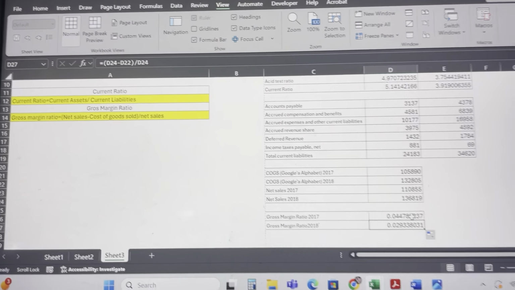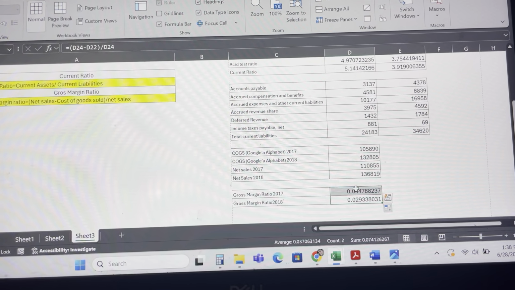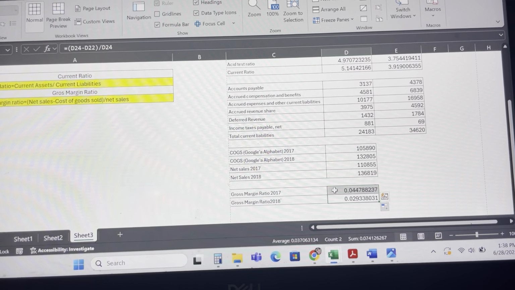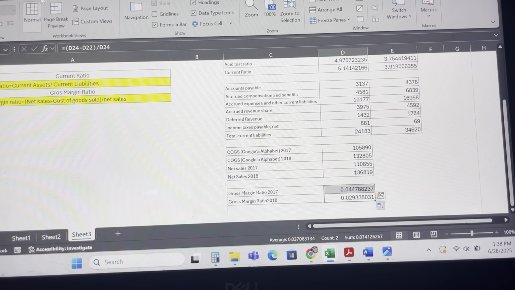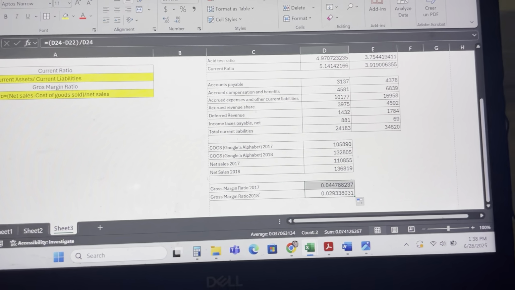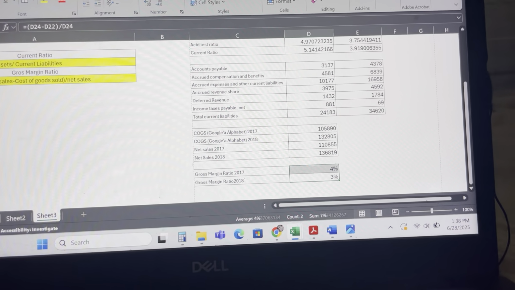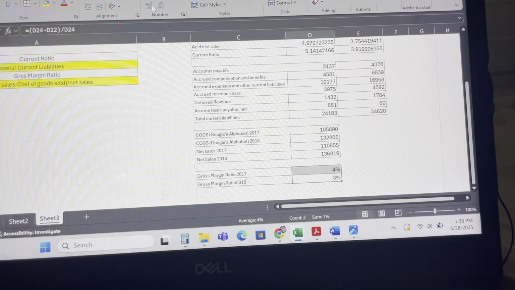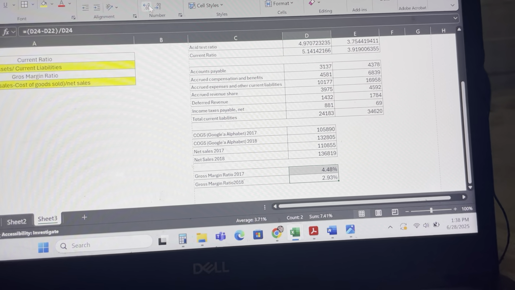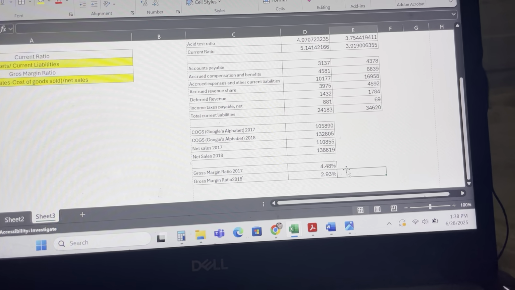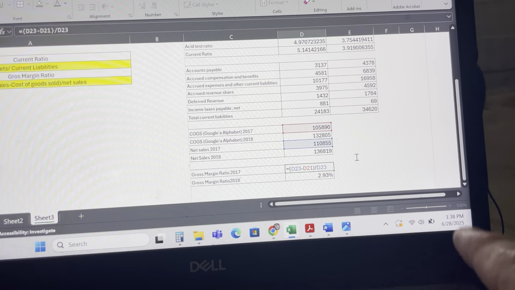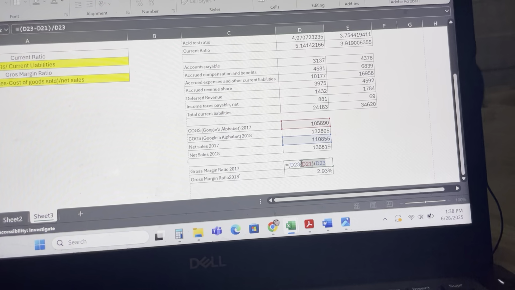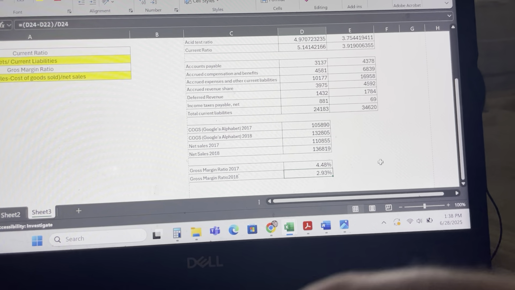Oh goodness me. This is why I haven't done it before like this. All right, now you turn it into percentage. You actually put some decimals there. So this is 4.48%, 2.93%.